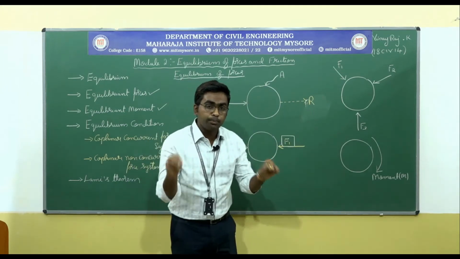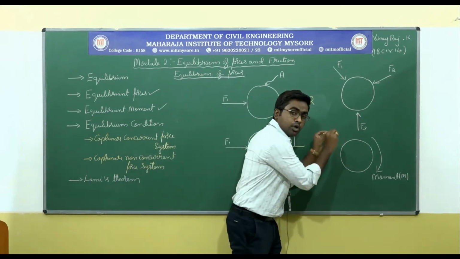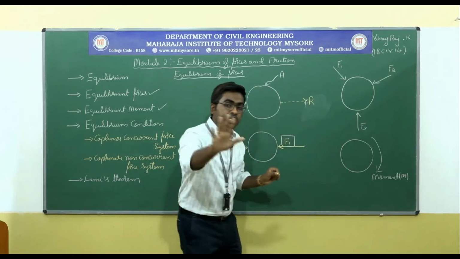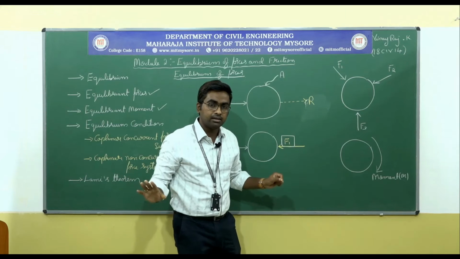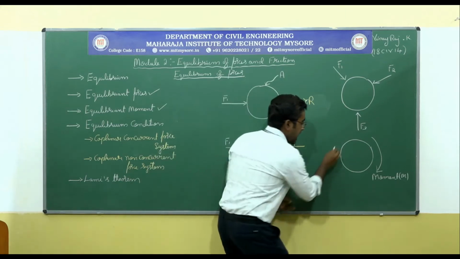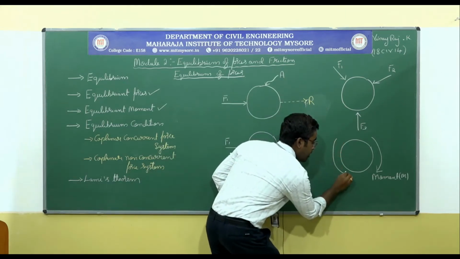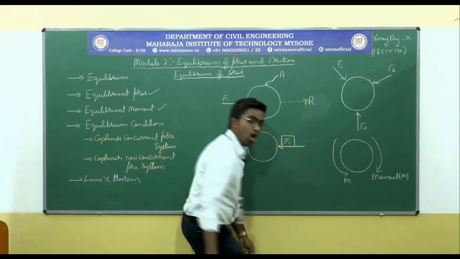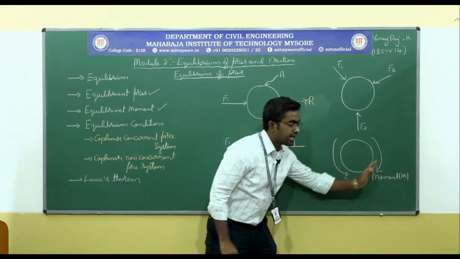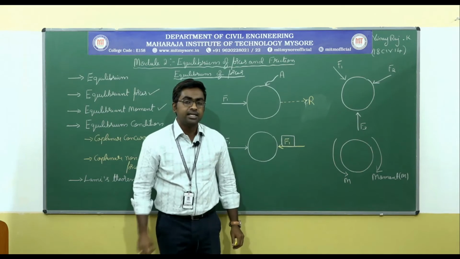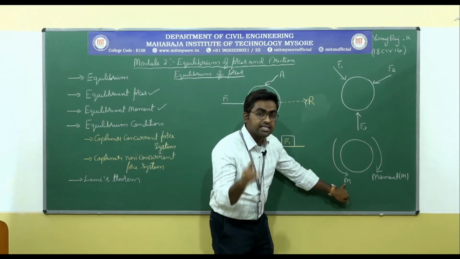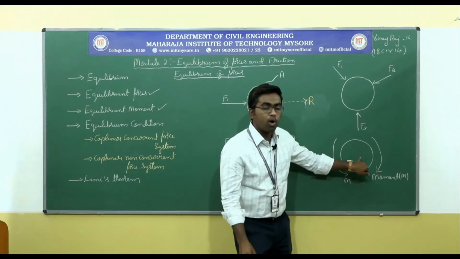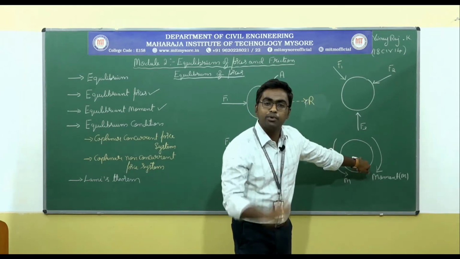Say if you want to bring this system into equilibrium, then you have to stop the rotation of the object. Very simple, right? That means I need to apply one more moment of the same magnitude but in the opposite direction. Therefore, this moment will make the body come to the equilibrium position.